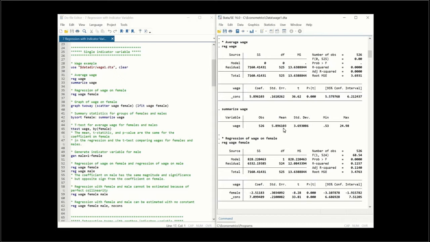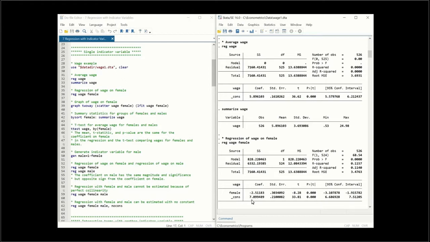Okay, the next analysis that we can do is we can regress wage on female, and these are going to be the outputs here. So if we regress wage on female, the coefficient on female would be minus 2.51. The way we interpret this coefficient is that females are getting $2.51 lower wages than males.